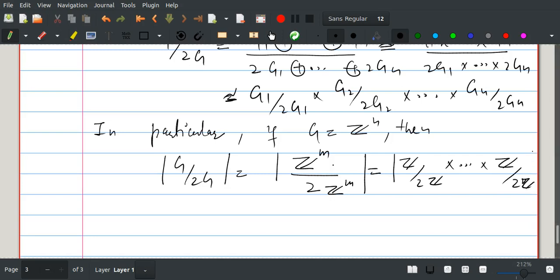This is m times. So the size of this group is 2 times 2 times up to m times. This is 2 to the power m.